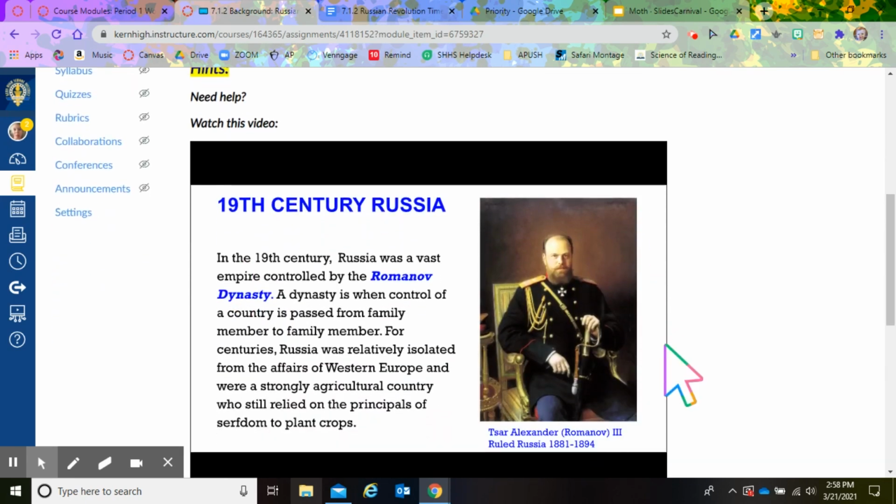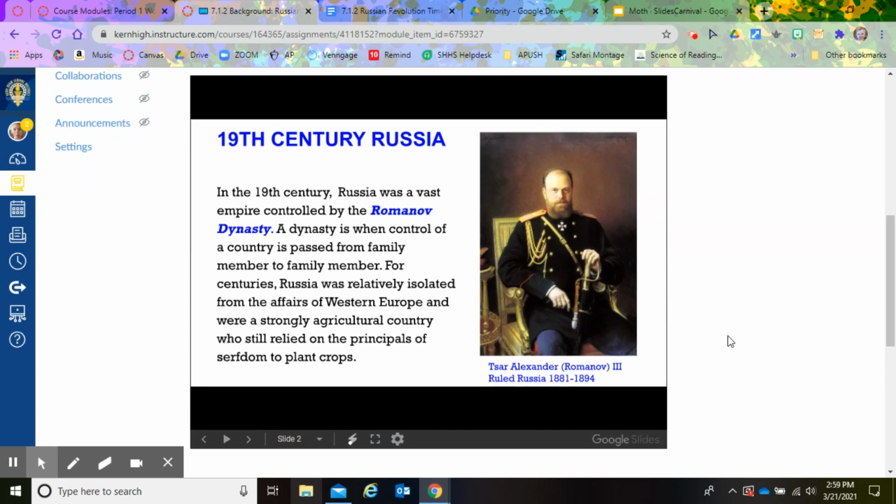In the 19th century, which means the 1800s, Russia was a vast empire controlled by the Romanov dynasty. A dynasty is when control of a country is passed from family member to family member for centuries. Russia was relatively isolated from the affairs of Western Europe and was a strongly agricultural country that still relied on the principles of serfdom to plant crops.